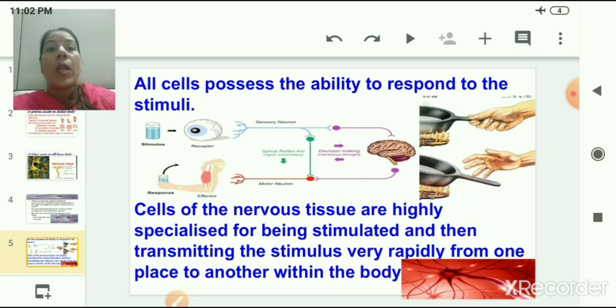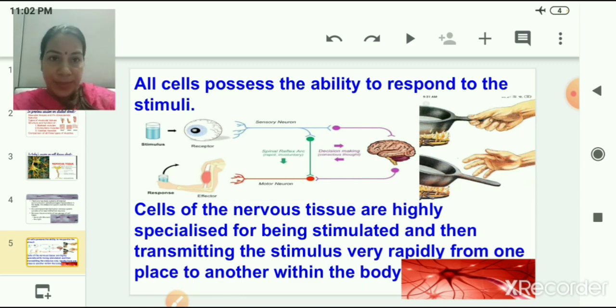We all know that all cells present in our body show a very specific characteristic of responding to various types of stimuli. Stimuli are present in the external environment, and when a stimulus is given to our body it generates a response. That response can be of various types, like touching a hot object or pricking your finger.